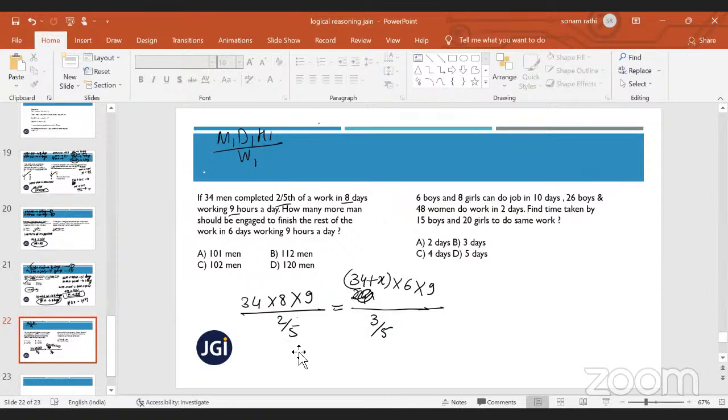Just solve it and calculate. So 5 cancelled on both sides. 9 cancelled on both sides. 2 how many times? 2 4s are. 3 how many times? 3 2s are. So 34 into 4 is equals to 34 plus X into 2.